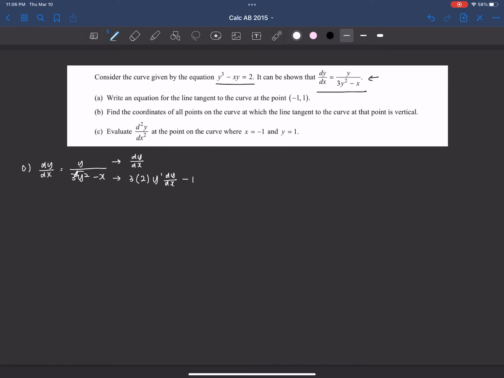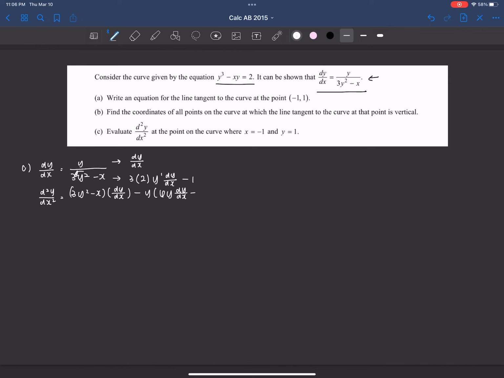So now we can finally plug this into our quotient rule formula. And so we get d2y over dx2 equals low d high, so 3y squared minus x, and the derivative of the high, which is dy over dx, minus high, which is y, d low, which is 6y dy dx, minus 1.